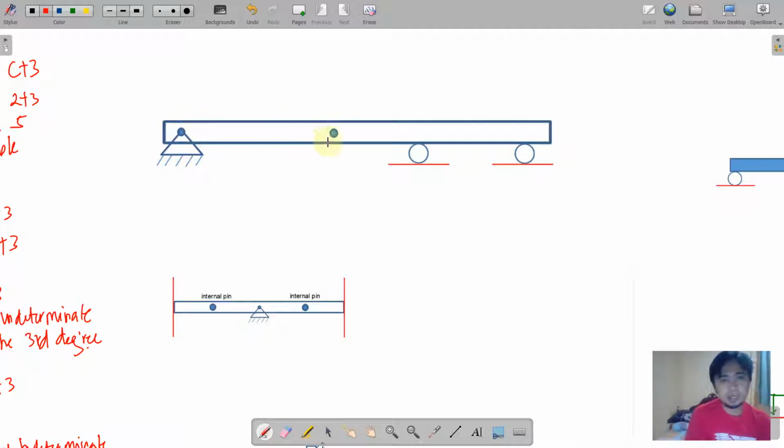There's no mechanism of restraining rotation here, because it will rotate at this point, and certainly it will also rotate at this point. So without having the criteria, we can say that this beam is unstable.